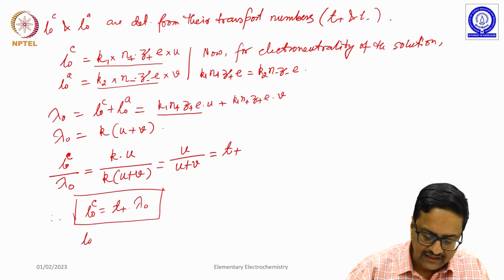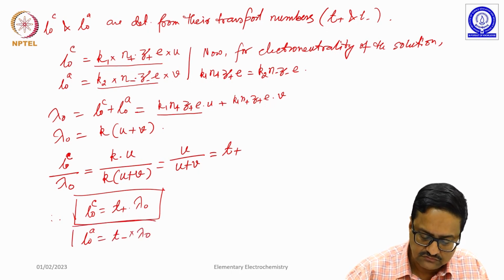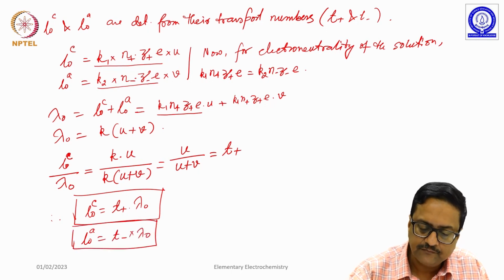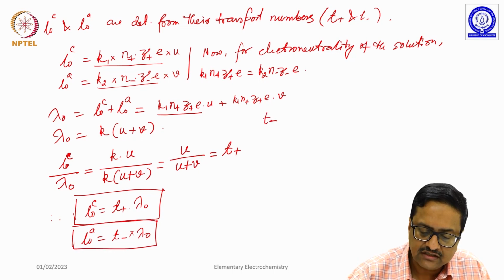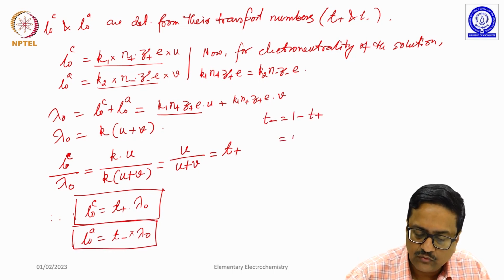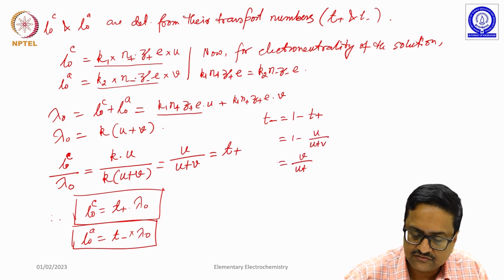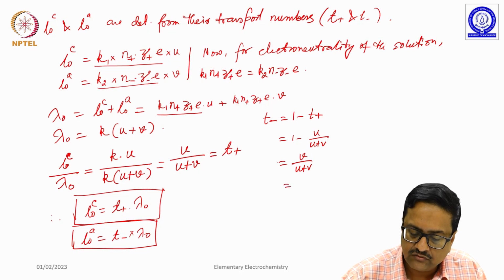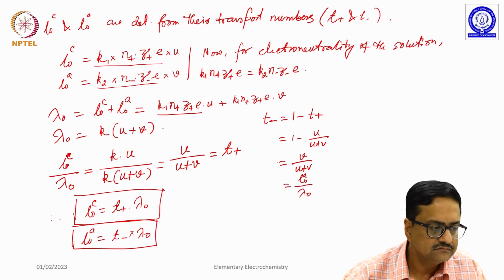Similarly, L0 anion is equal to the transport number multiplied by lambda 0, T minus. Because you see, T minus is equal to 1 minus T plus, that is 1 minus U by U plus V, that is equal to V by U plus V, which is then simply equal to L0 anion by lambda 0.